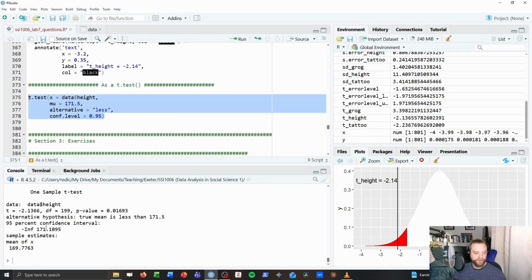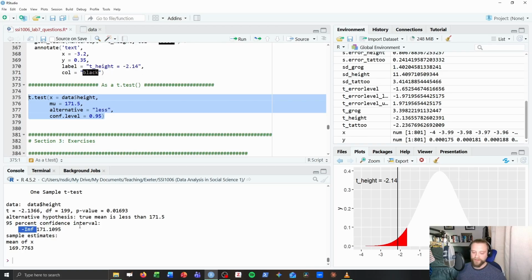And again, the confidence interval's the other way around. So this is telling us that the maximum height that we would expect pirates to be on average with 95% confidence is 171.1. So still less than our mean value for the UK's population today. And we actually have minus infinity here. We know that height can't drop below 0.